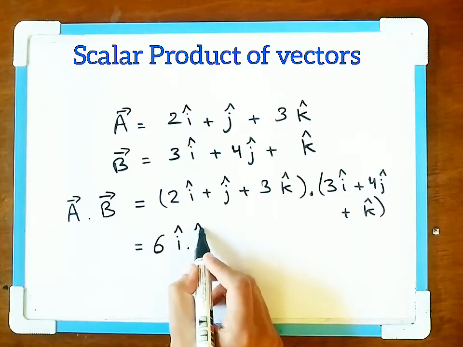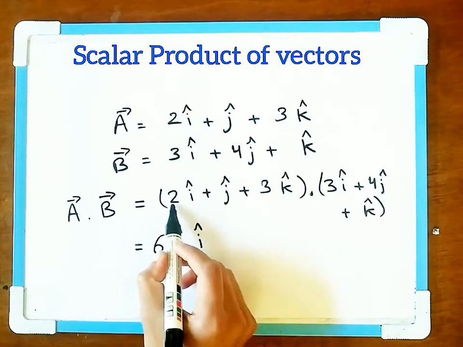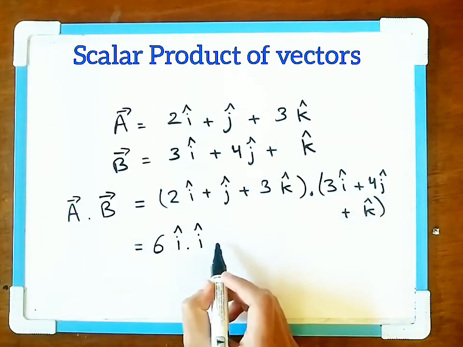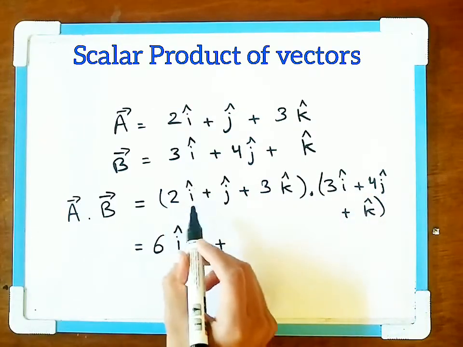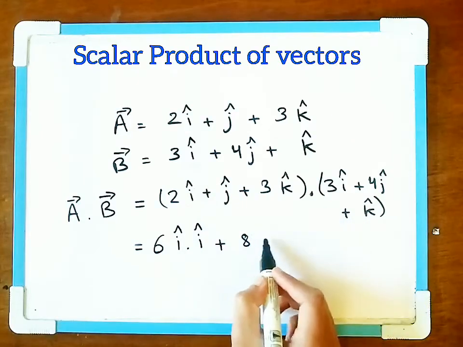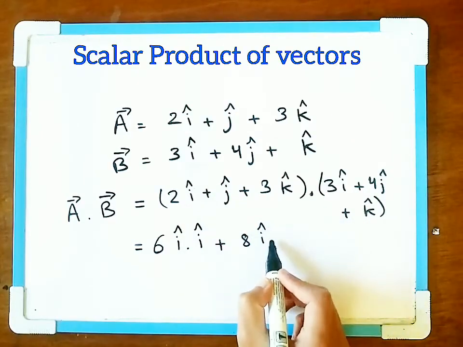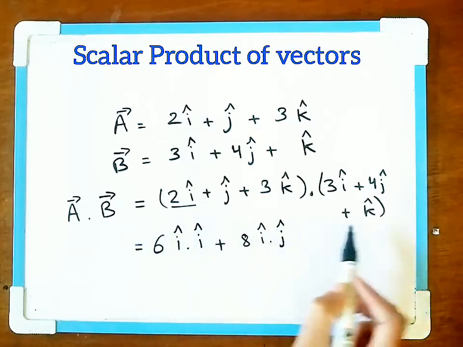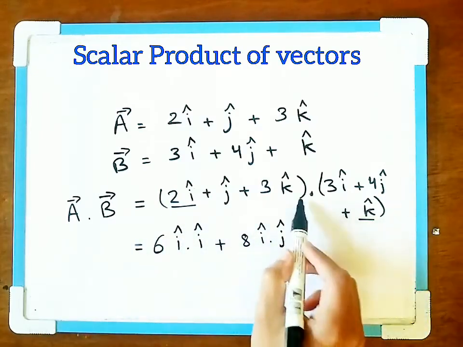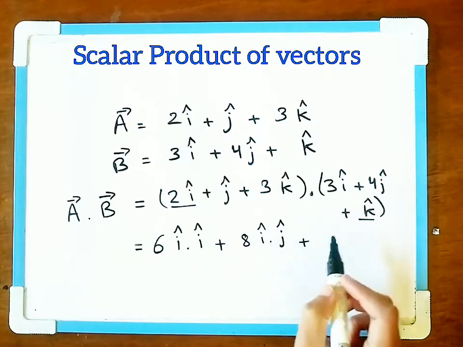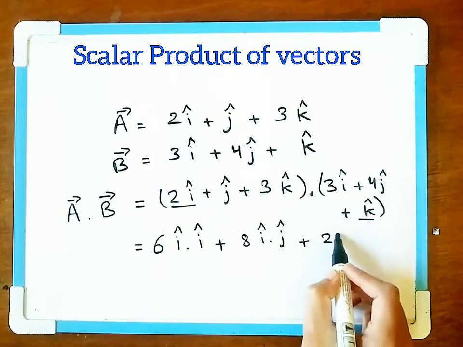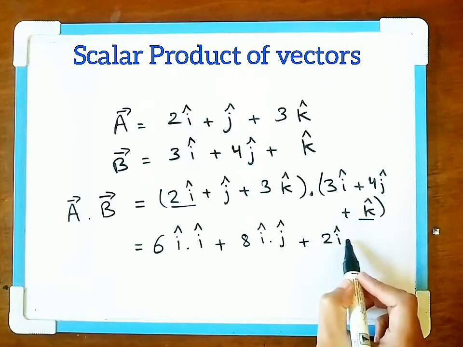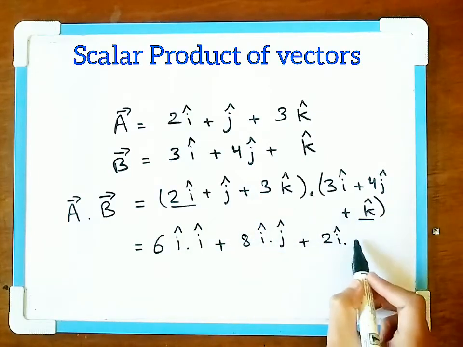Now we have 2i cap dot 4j cap. So this will give you 2 into 4, then you have i dot j. And again you have plus 2i cap dot k cap, means 2 into 1 will be 2, then i dot k cap.